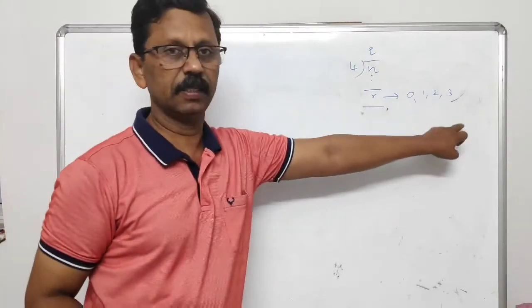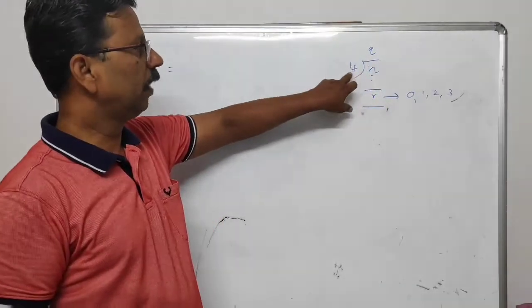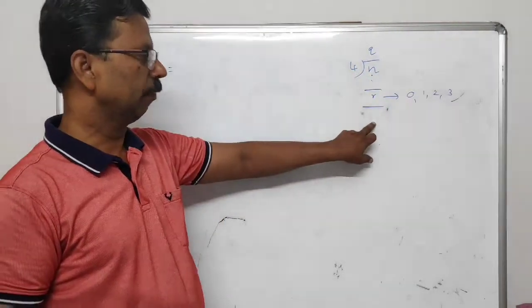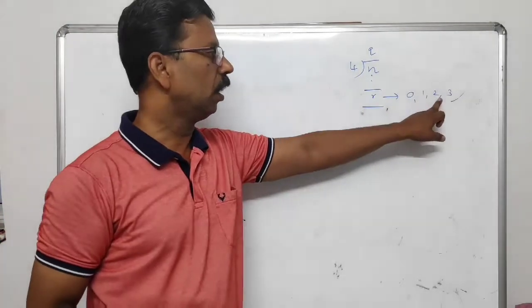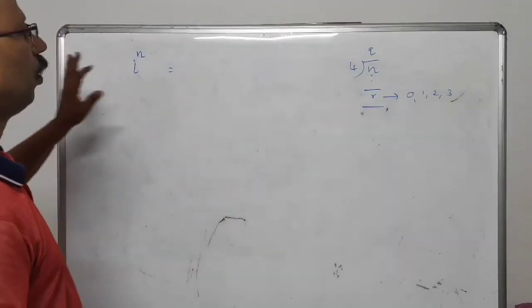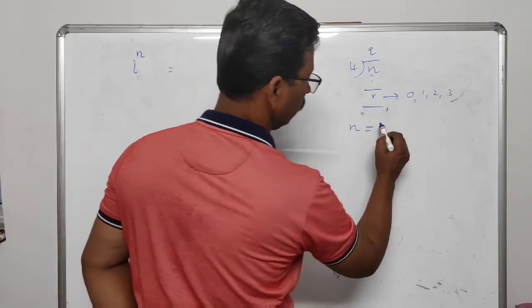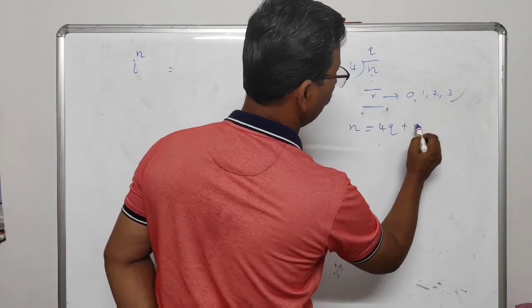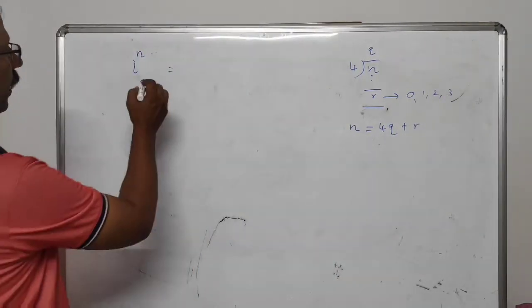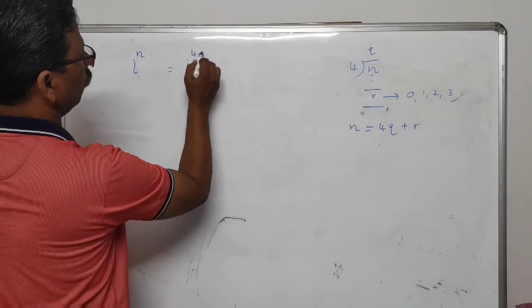Therefore, whatever be the number, if you divide that by 4, you will get a remainder of 0, 1, 2 or 3. Therefore, this n can be written, by using the division algorithm, as 4q plus r. Therefore, here you can write i power 4q plus r.